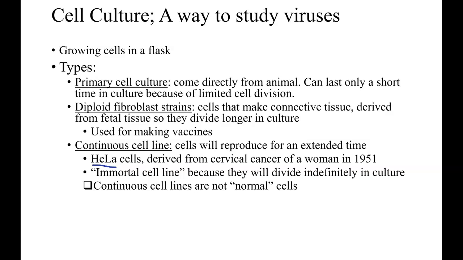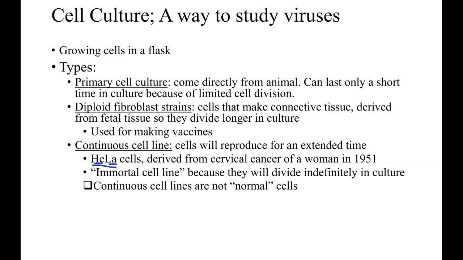Henrietta Lacks died in the early 50s. She was very young, probably about 31 or 32. These cells get their name from her name. So with HeLa cells, the HE is the first part of Henrietta, and the LA is from Lacks. These are an immortal cell line.